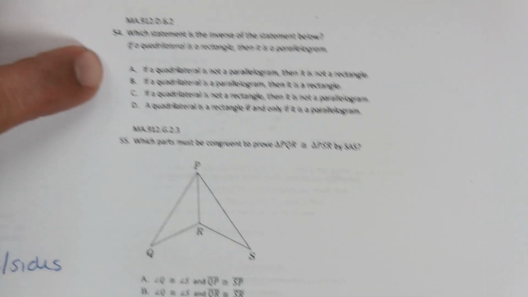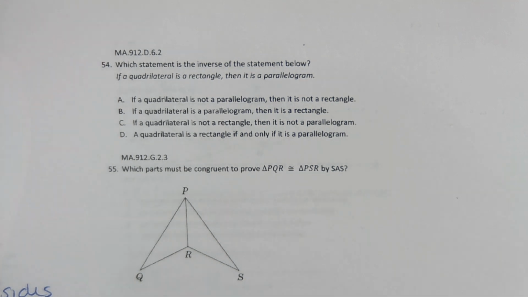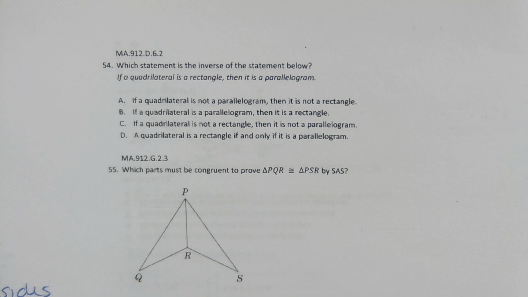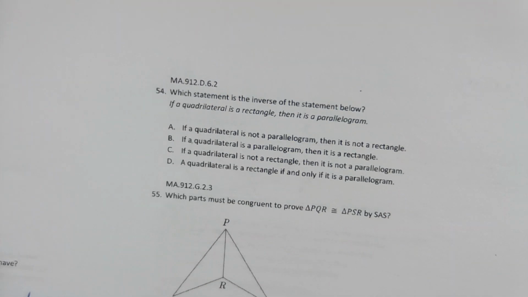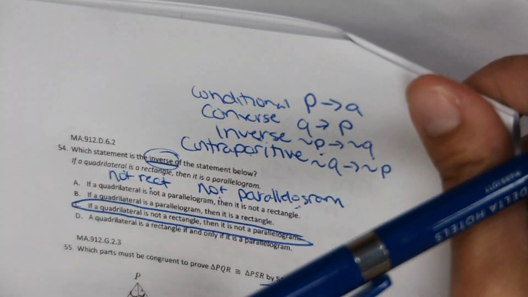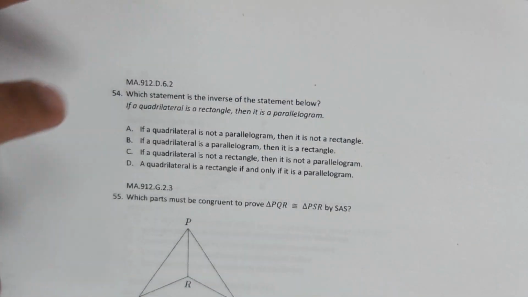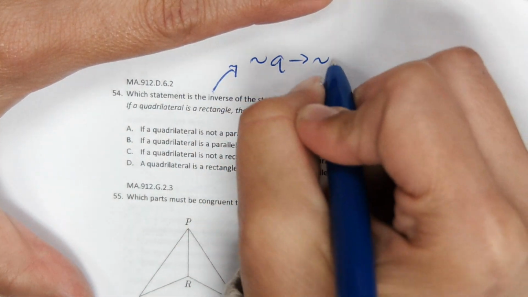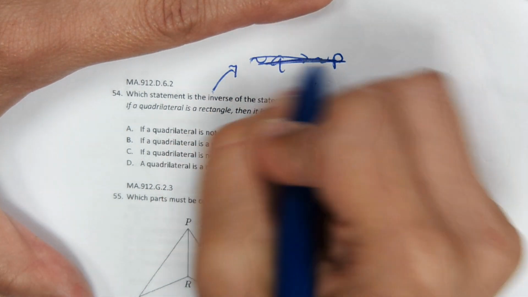C. Muy rápido. 54. So this is the conditional, inverse, converse, all that jazz. So remember the statements are this. I'm not going to have you write them again, but we're looking for the inverse, which would be not P to not Q. Actually, this is why you should write them again.